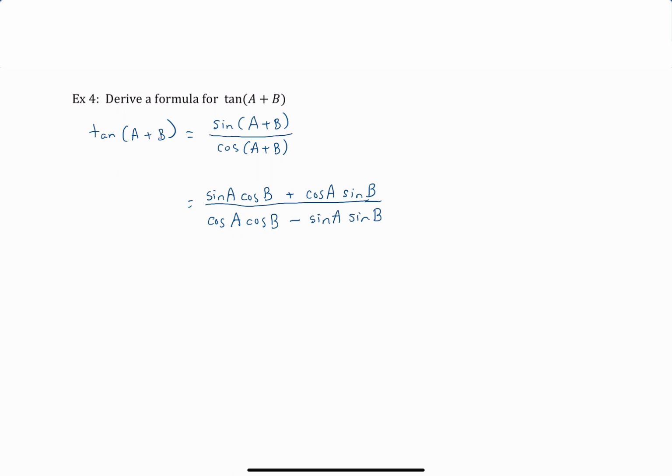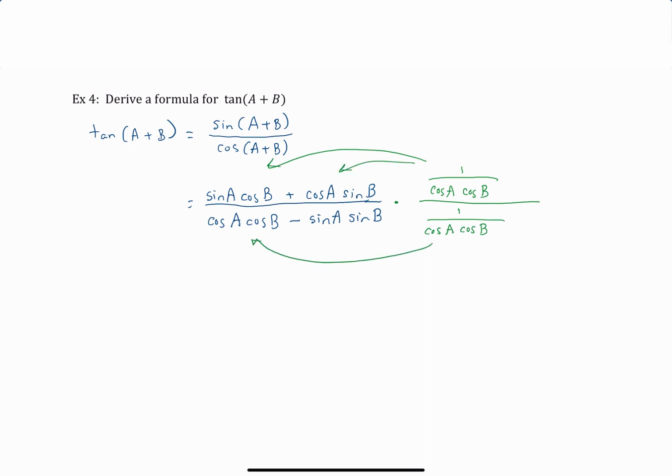So let's multiply by 1 over cosine A cosine B. And of course we have to multiply by the exact same thing in the denominator, so that we're just multiplying by a giant 1. Now we'll distribute this in to both terms in both the numerator and the denominator.